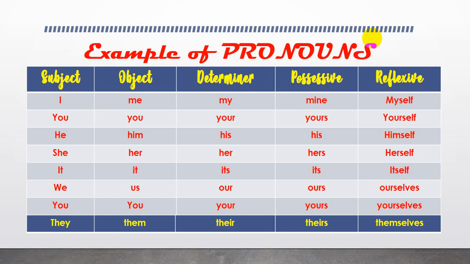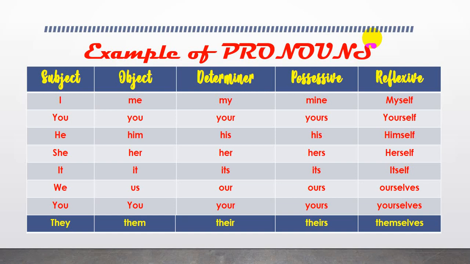In determiner or possessive adjective, yeah, it should be continued with a noun. For example, my book, your book, his book, her book, its book, our book, your book, and their books.